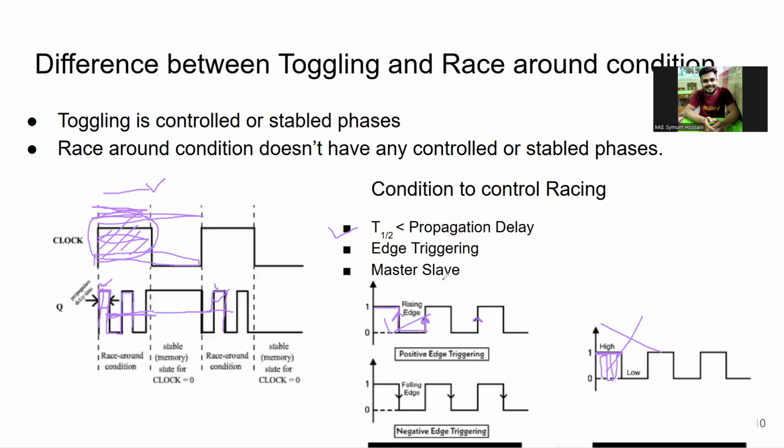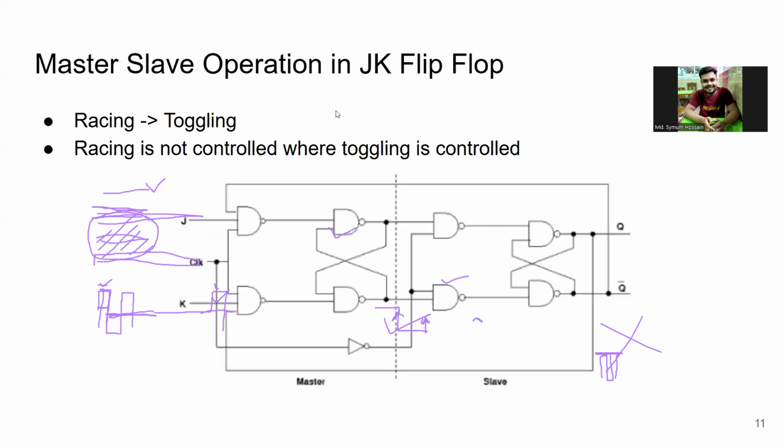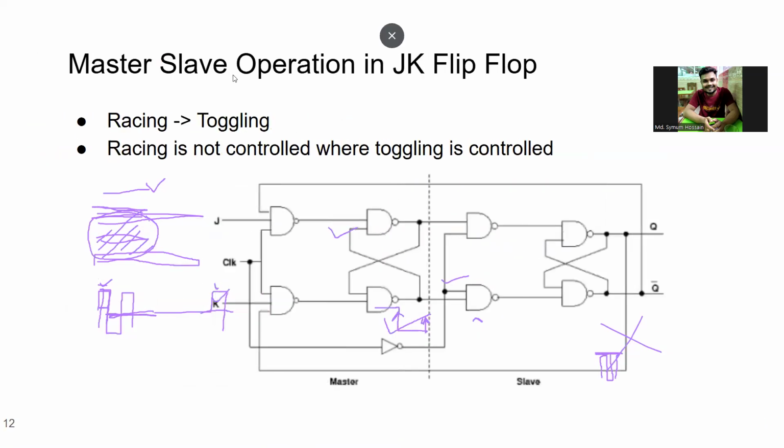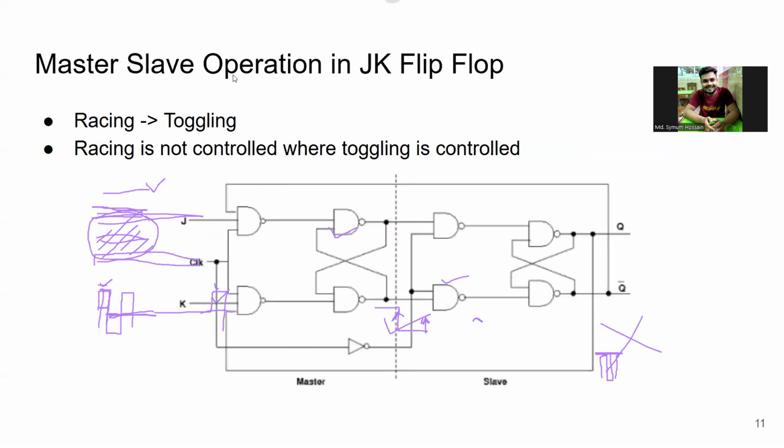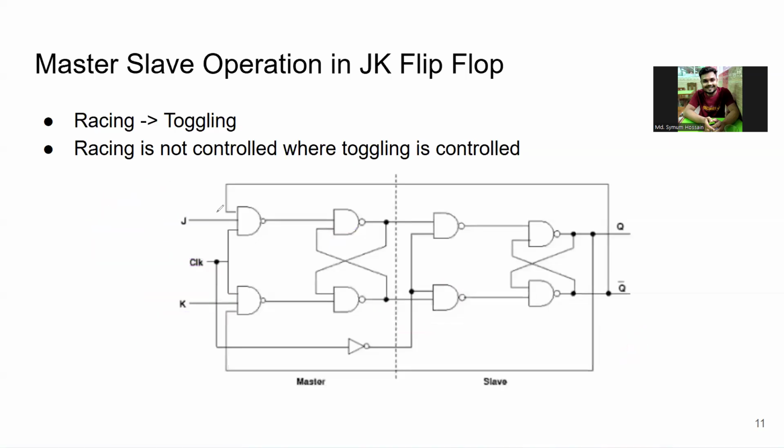Okay, the third technique is master slave. This is a very important and very common technique to control the racing system. Let's see how it controls the system. Like as you can see, this is a JK flip-flop, and also this is a JK flip-flop.